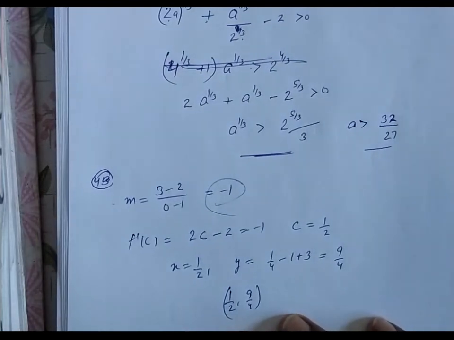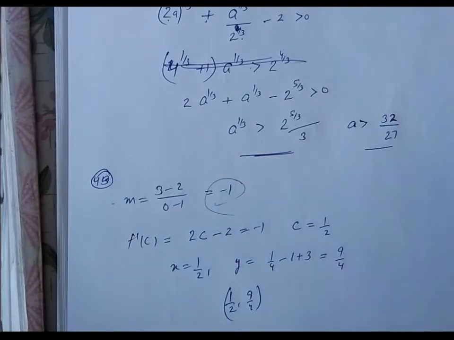Moving on to the next question, question number 44. If fx and gx are differentiable functions for x belongs to 0 to 1, such that f0 is given, g0 is given, f1, g1, then show that there exists a c.